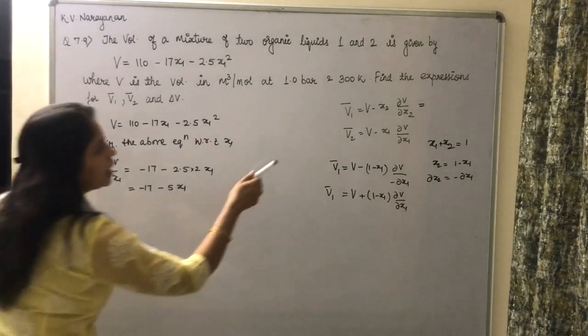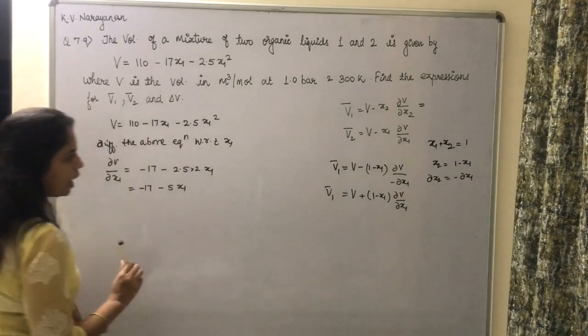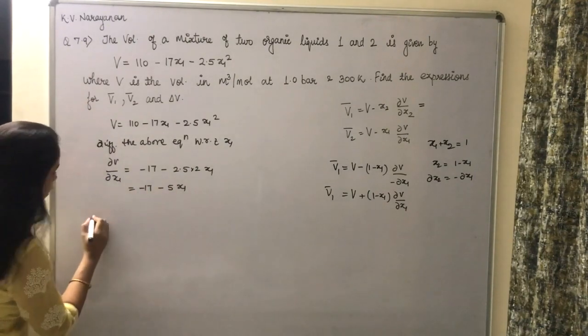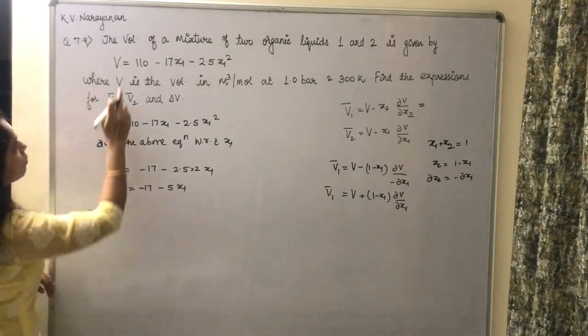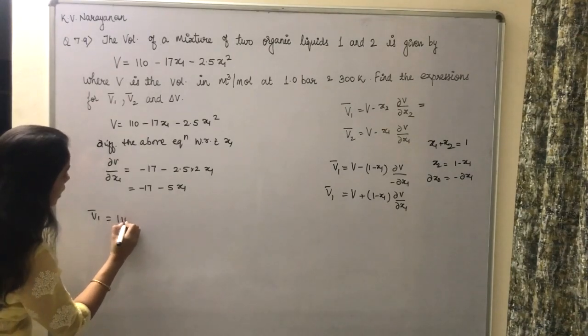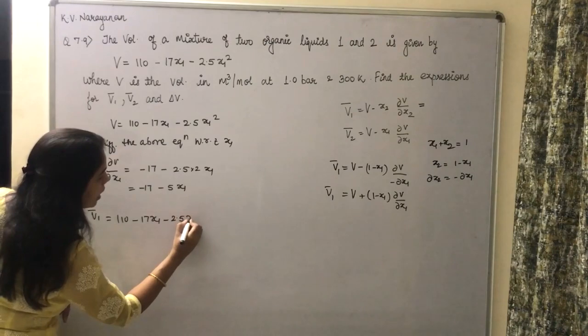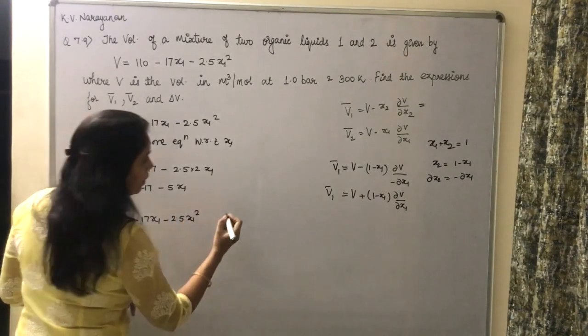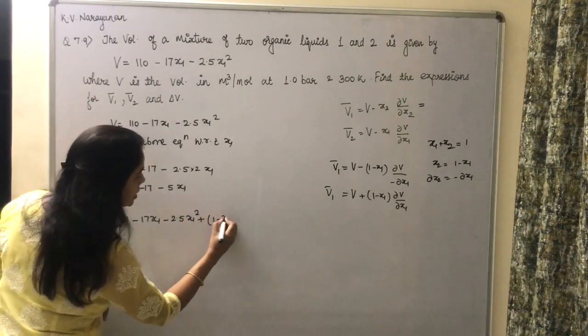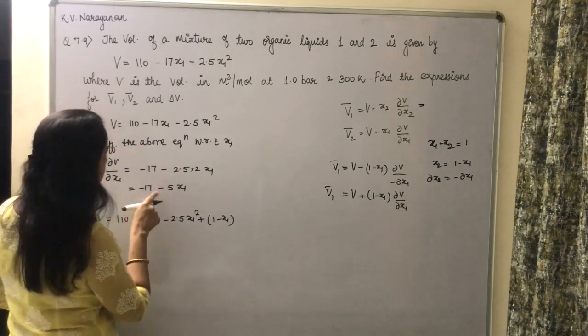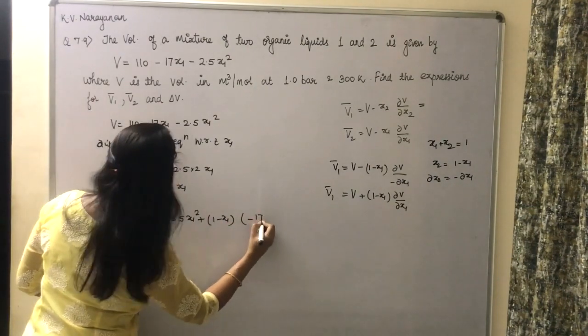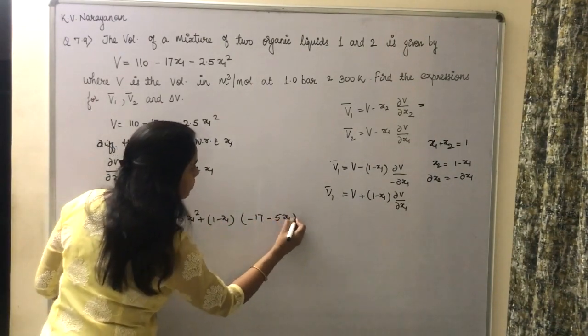Now let's substitute the values. V1 bar = in place of V we substitute 110 - 17 x1 - 2.5 x1², then (1 - x1), and in place of ∂V/∂x1 we put -17 - 5 x1.